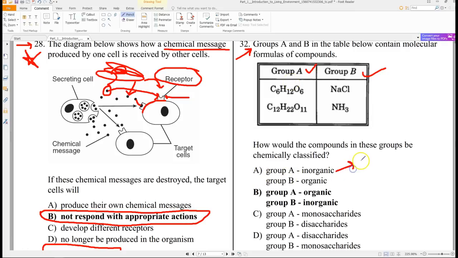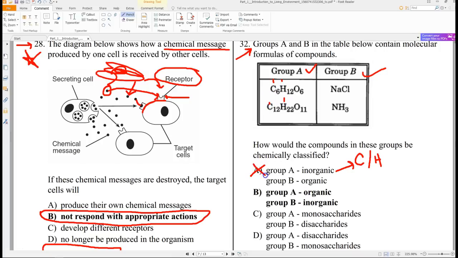Inorganic means it does not have a carbon and hydrogen backbone. Inorganic substances are found in living things, but they are not made solely in living things. So, is Group A inorganic? No. Group A is organic because it has carbon and hydrogen.